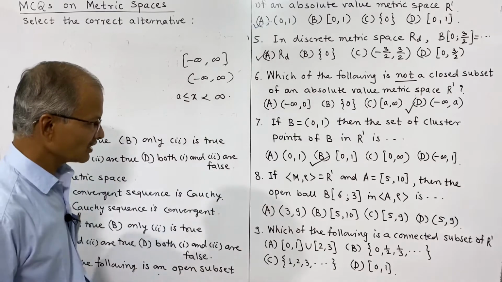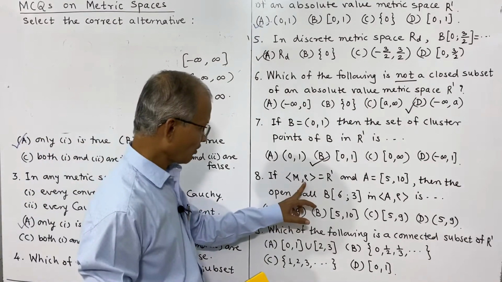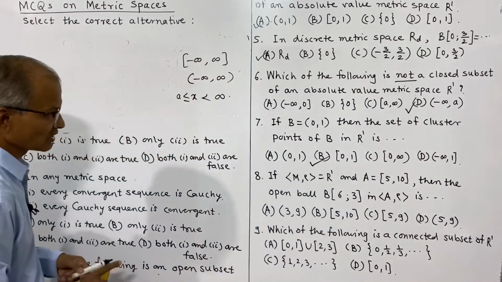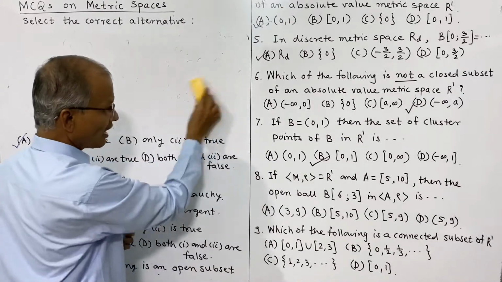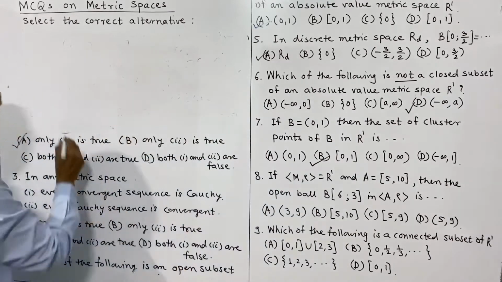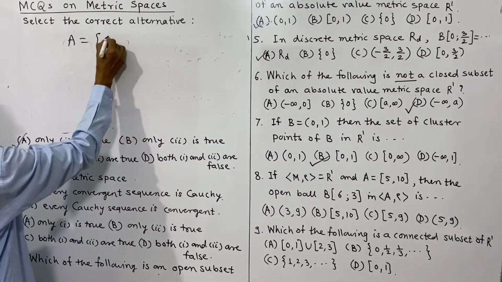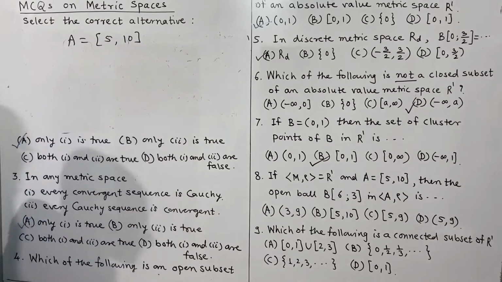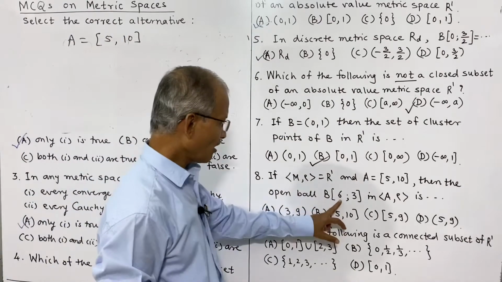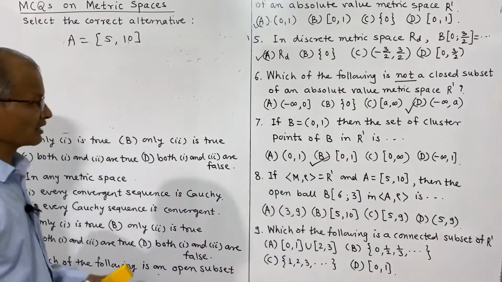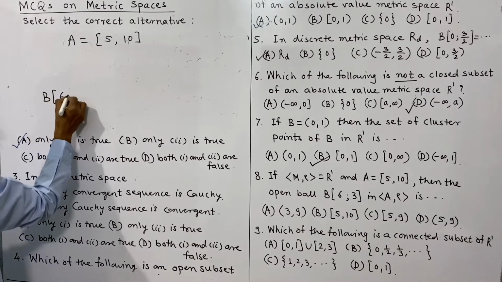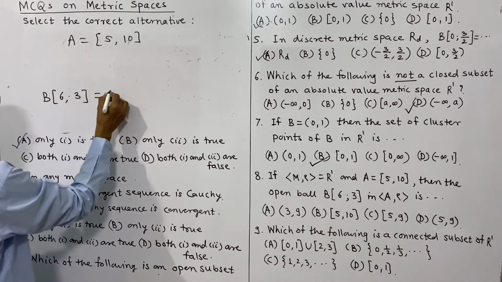Now the eighth question is, if (M, rho) is R1, the metric space, and A is the set given as the closed set 5 to 10, then the open ball B(6, 3). A is here 5 to 10, that is given. So it is a subset of R1, and we have to construct an open ball of radius 3 around 6. So what will be the meaning of this open ball around 6 of radius 3?